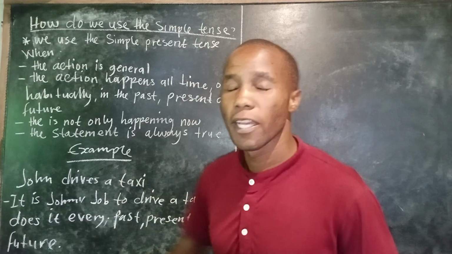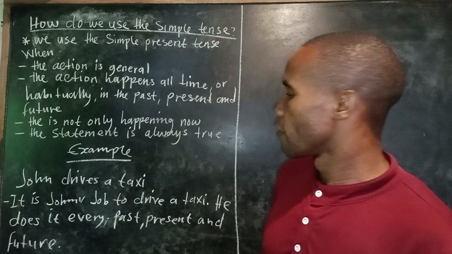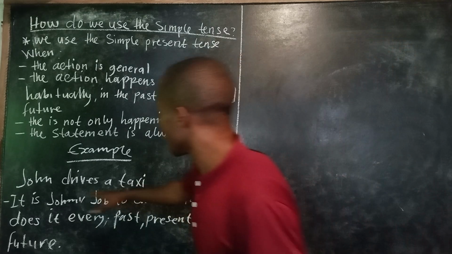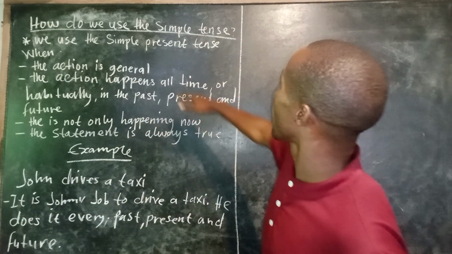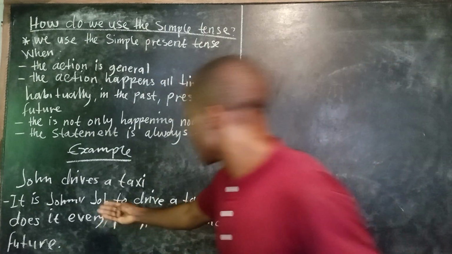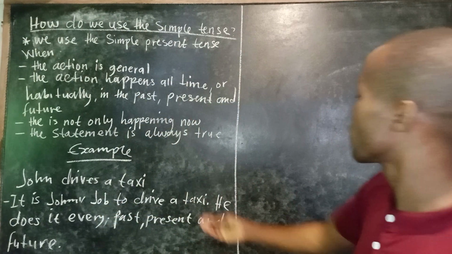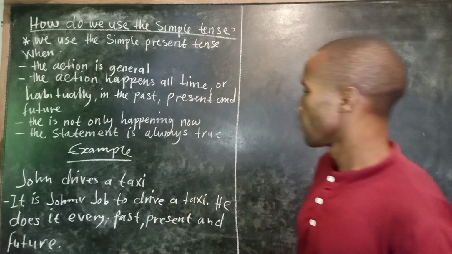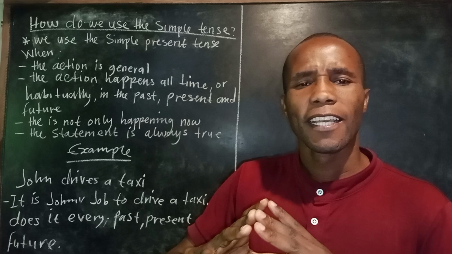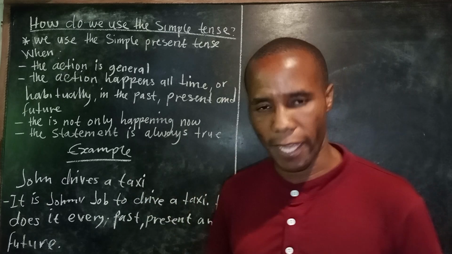Why? Because John drives a taxi every day. So this statement is falling under simple present tense. It is John's job to drive a taxi. So that is his job. That is what he does every day.